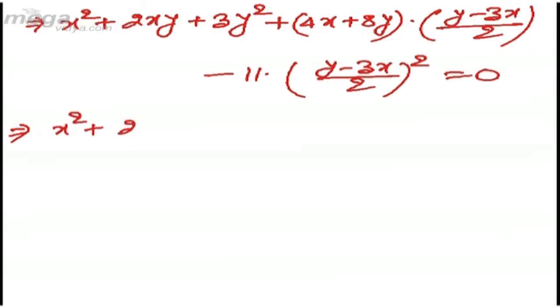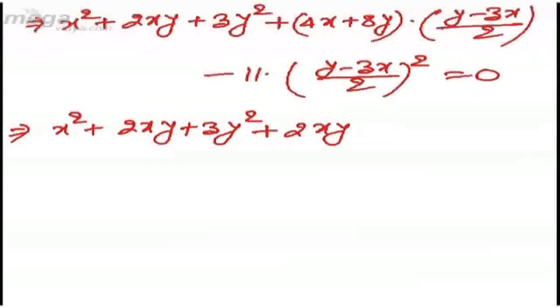See, x square plus 2xy plus 3y square plus this, if you take 2 common from here, this 2 will get cancelled. So now it becomes 2x plus 4y. Now we will multiply 2x plus 4y with y minus 3x. So 2x into y becomes 2xy. 2x into minus 3x becomes minus 6x square.